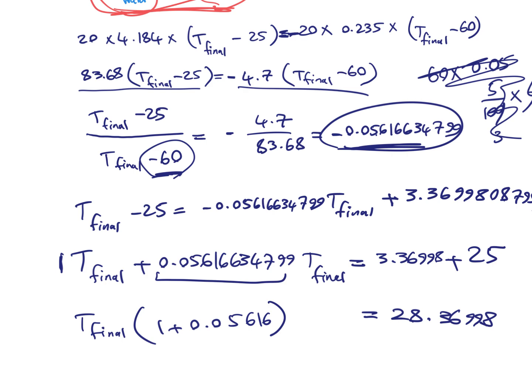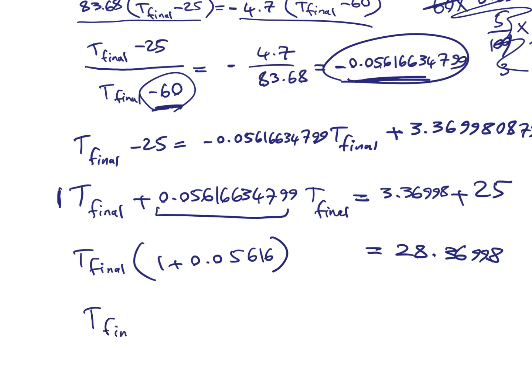So I have this number here, plus 1, right? So T final would be 28.36998 divided by 1.05616634799.